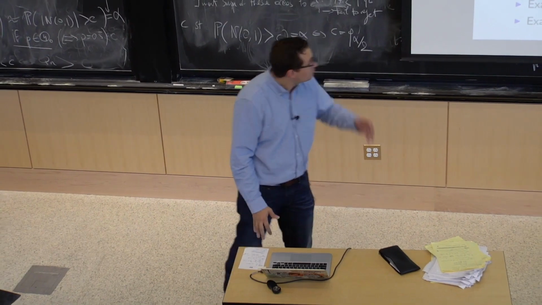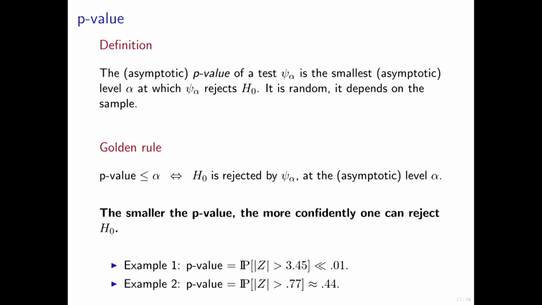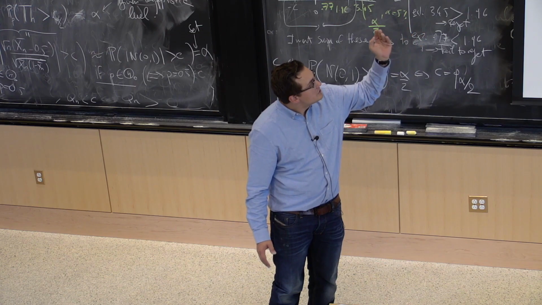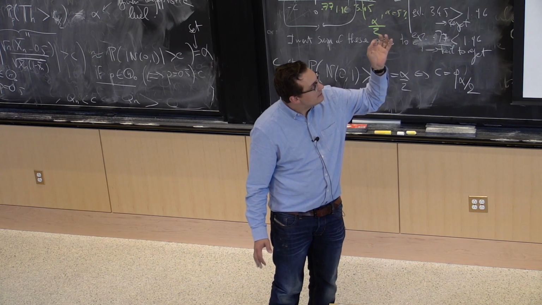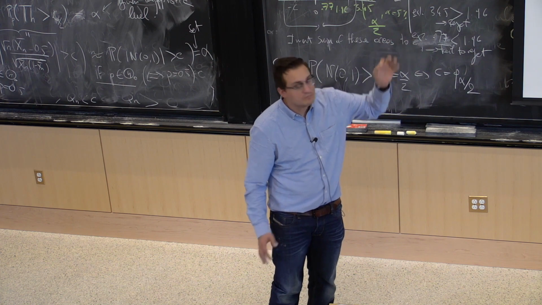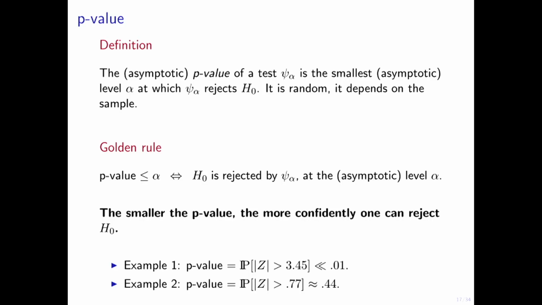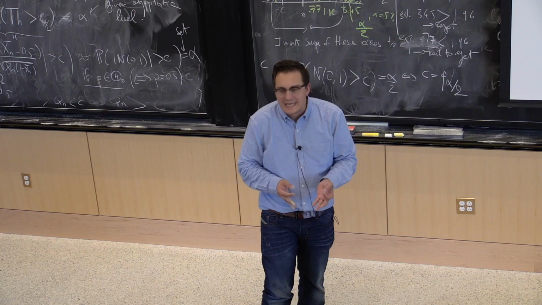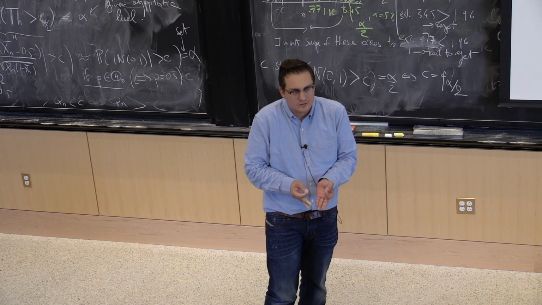All right, so the p-value is the tipping point in terms of alpha. In words, I can make it formal because tipping point, as far as I know, is not a mathematical term. So a p-value of a test is the smallest potentially asymptotic level, if I talk about an asymptotic p-value, and that's what we do when we talk about the central limit theorem, at which the test rejects H0.